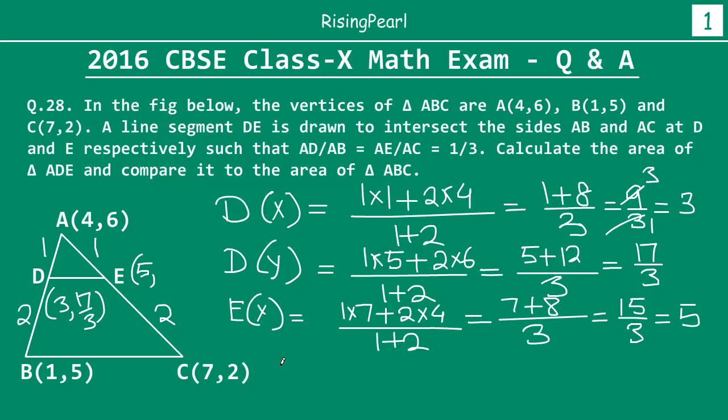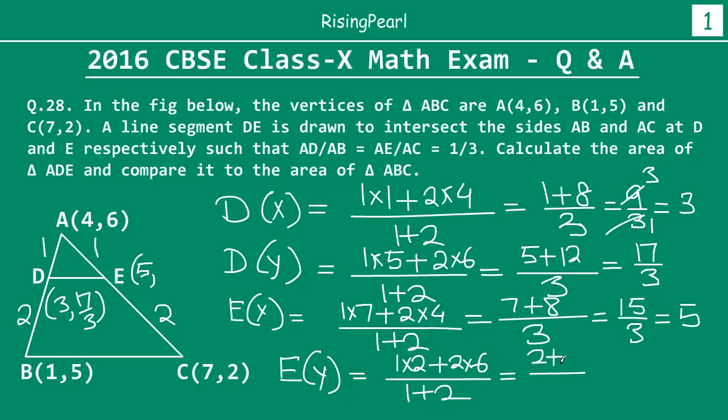We still have to find out the y coordinate, and this is all as per the section formula, right? So 1 times 2 plus 2 times 6, by 1 plus 2, and we get 2 plus 12 by 3, or 14 by 3.